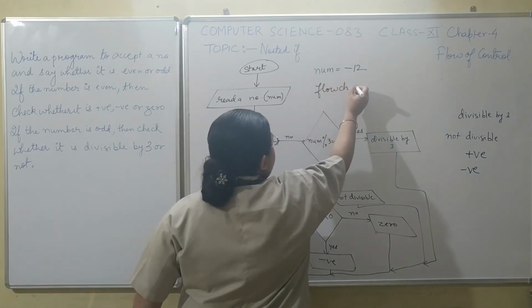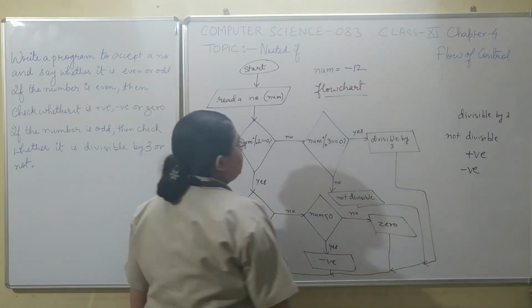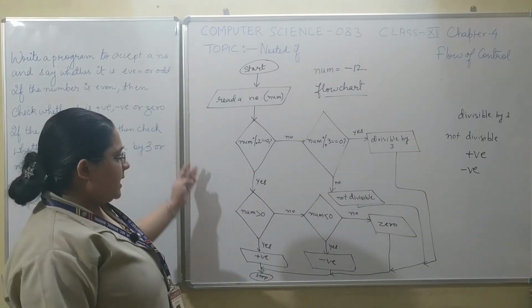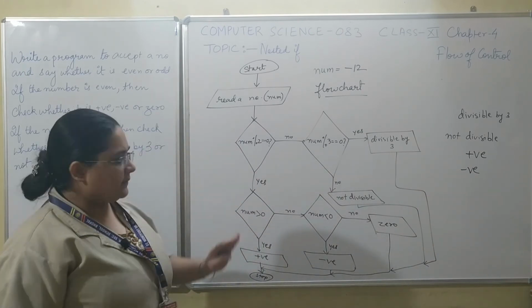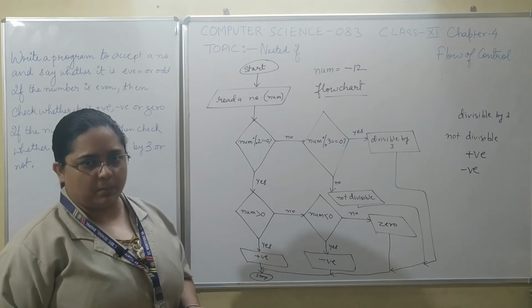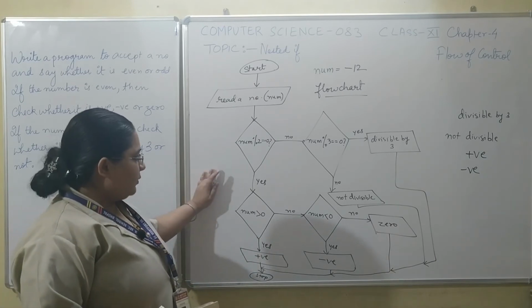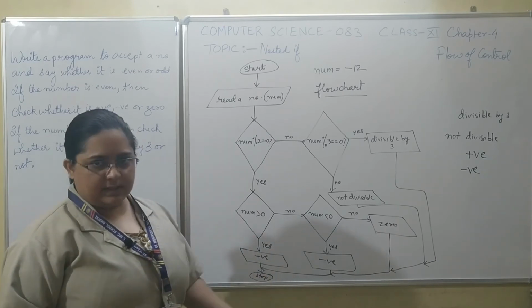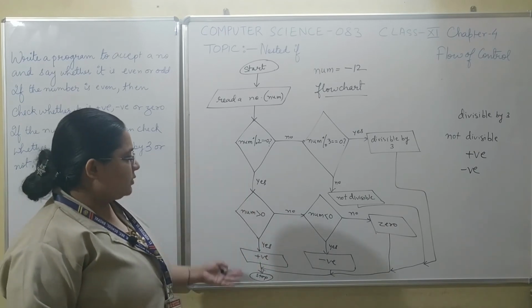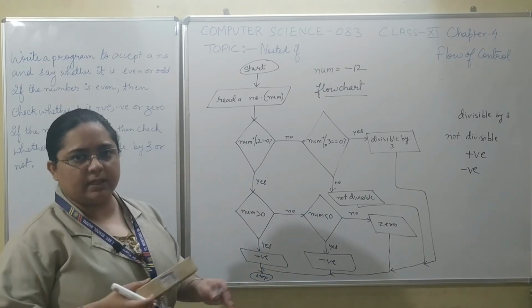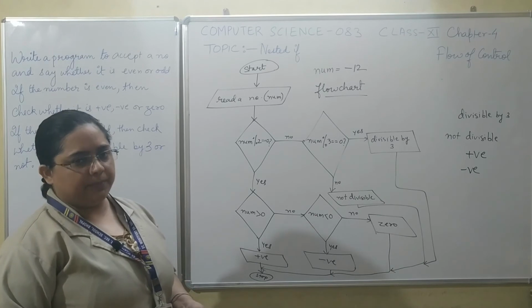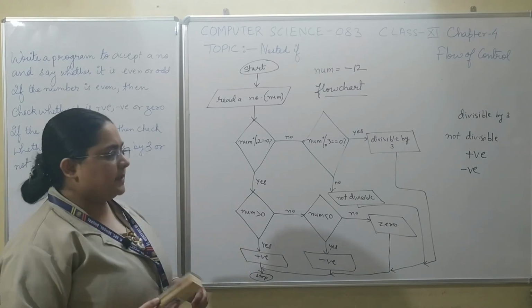So always draw a flow chart whenever you are creating any program, because a flowchart will solve half of your problems. And you can concentrate on the logic first, and then once your flowchart is working properly, you can convert it into a program. So how to write a program for this?